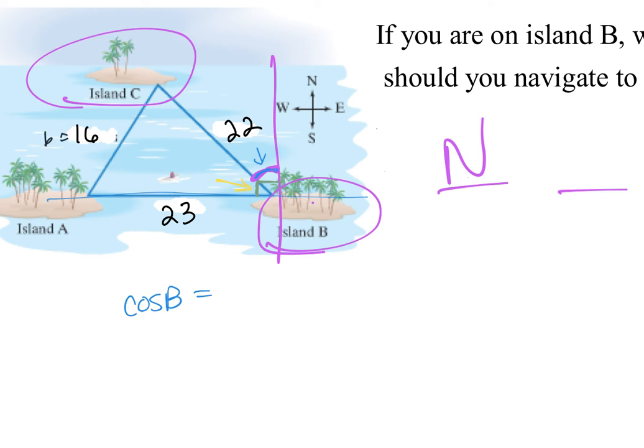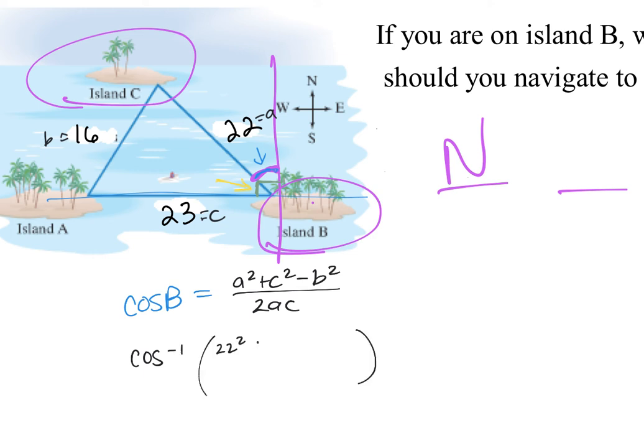This is B, this is A, this is C. So cosine of B is A squared plus C squared minus B squared over 2AC. And I get cosine inverse of 22 squared plus 23 squared minus 16 squared over 2 times 22 times 23.